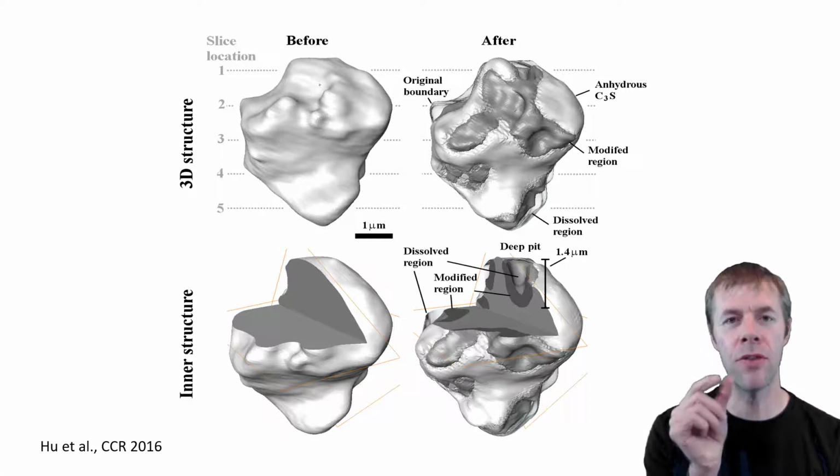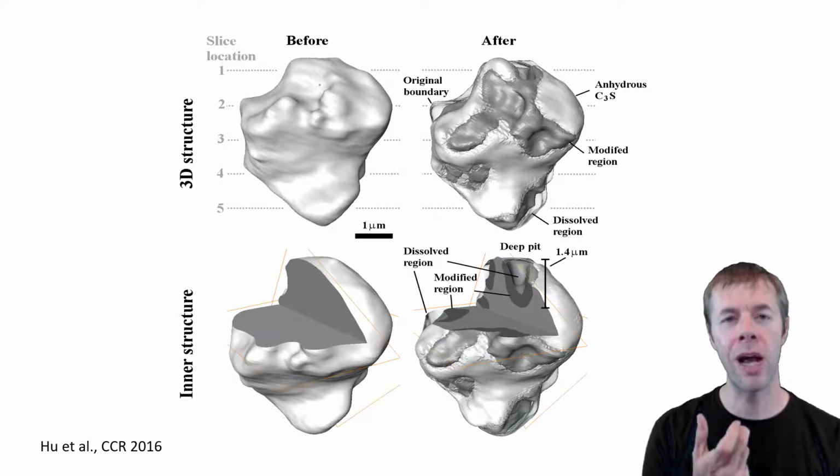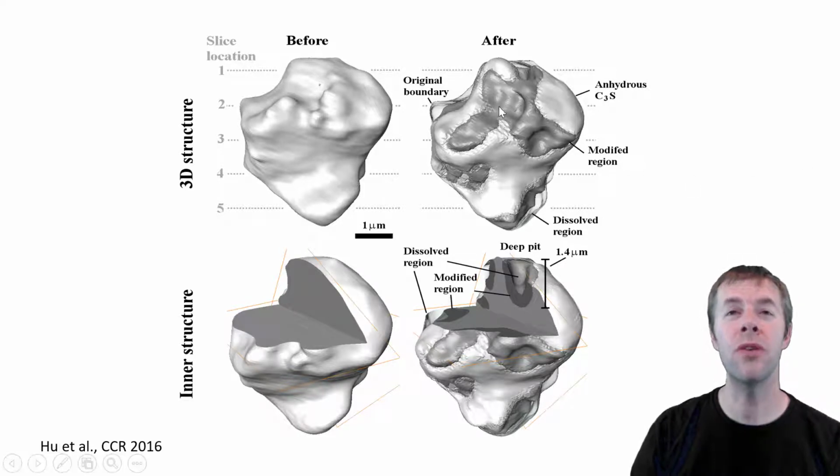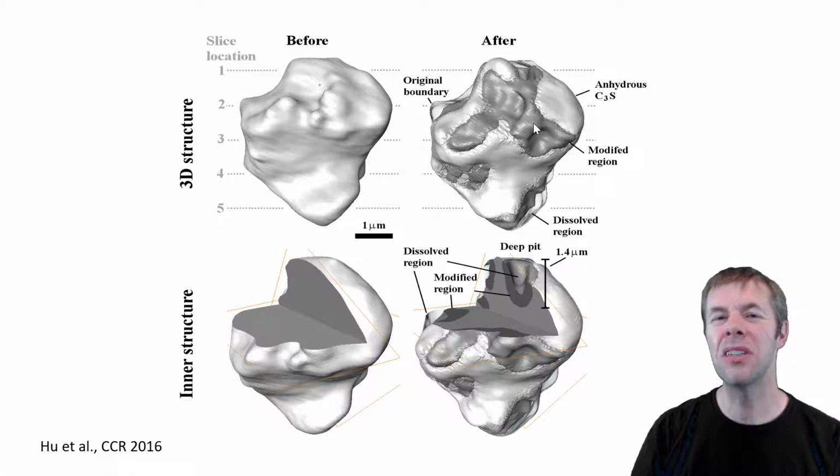We placed it in the solution and then stopped the reaction and took it out and imaged it again. After a short time period, we can see that certain boundaries or layers aren't reacted, and other regions are reacted a lot. This gray value means it's modified or it's changed. This gray value is actually calcium silicate hydrate type stuff.